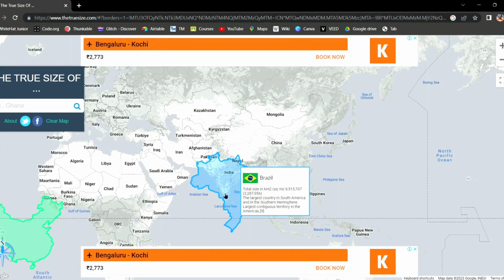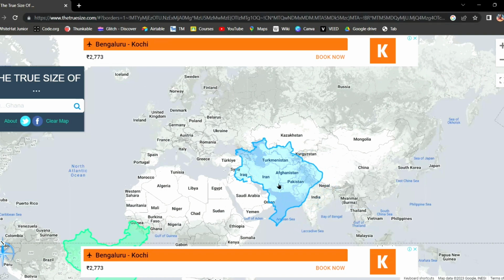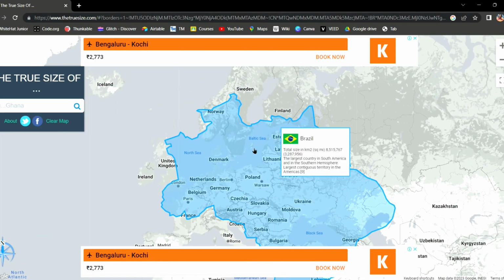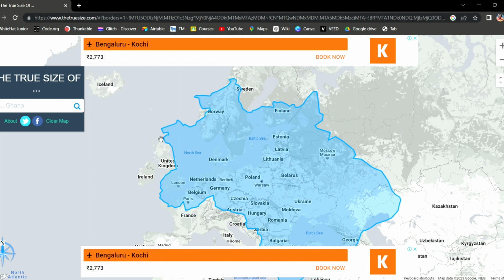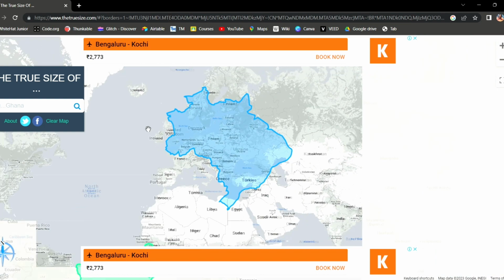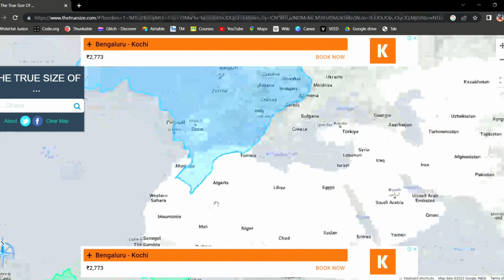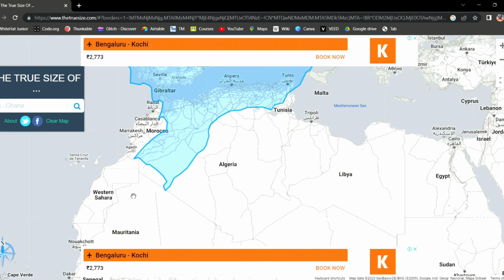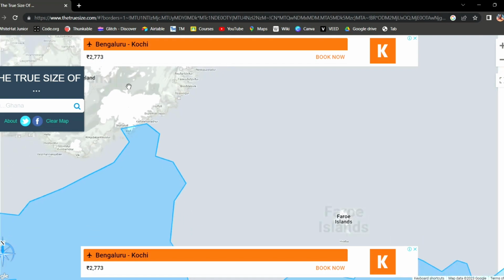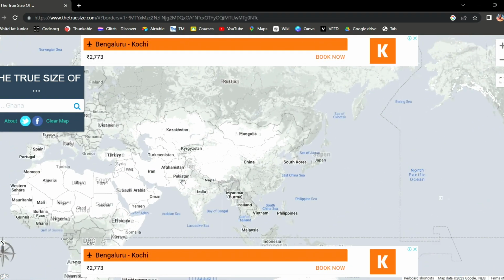But again, if we take Brazil up here, this is very ginormous. It reaches from Norway to Libya. Yes, that is pretty large. And even from Iceland to almost touching Mauritania. Yes, it touches both of them in one country.